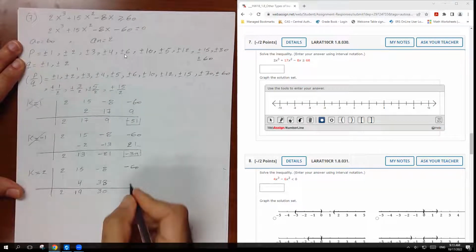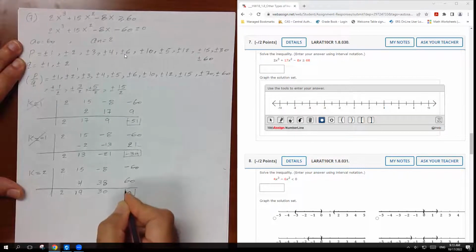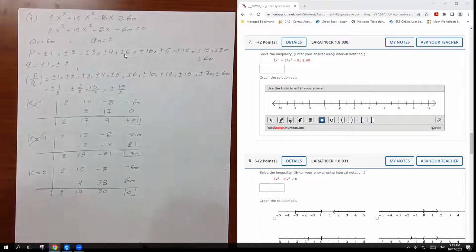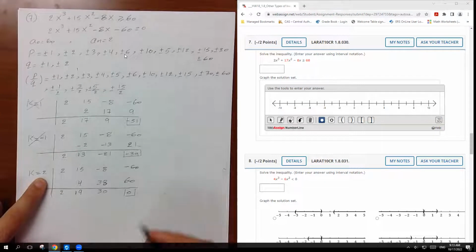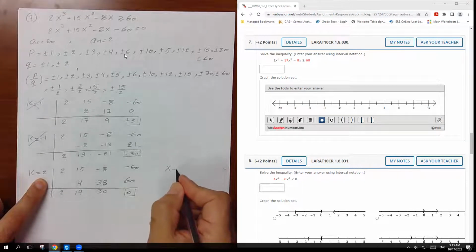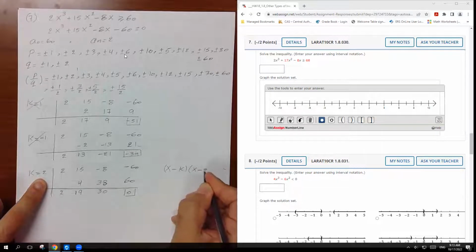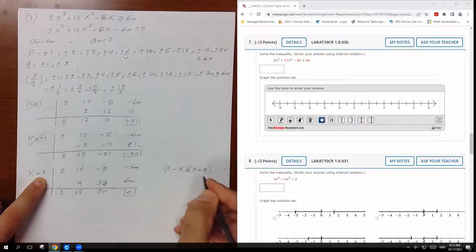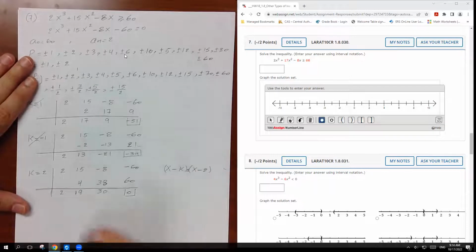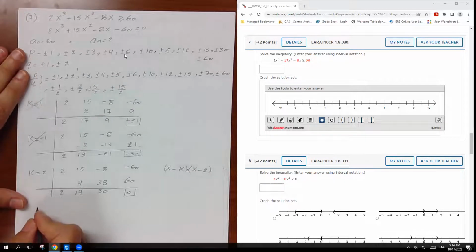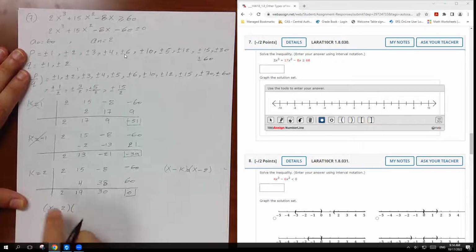Now 2 times 30 is going to be 60. Add these two numbers, it's going to be 0. That means the first factor is going to be x minus k, which is equal x minus 2.